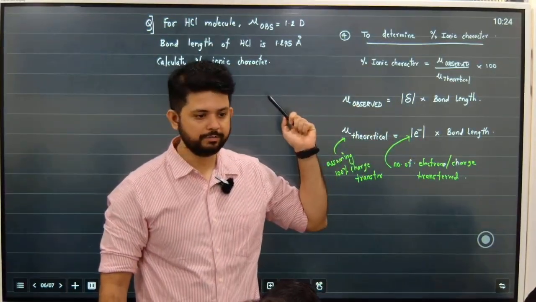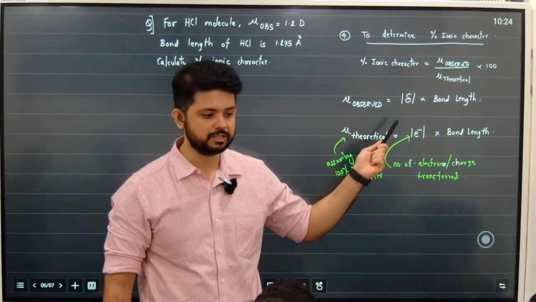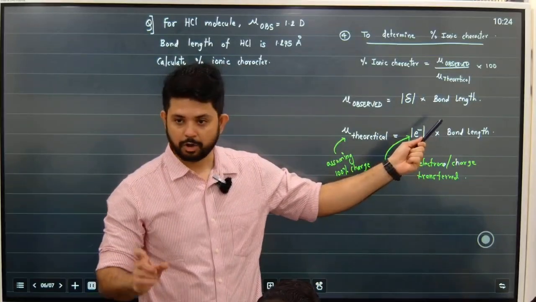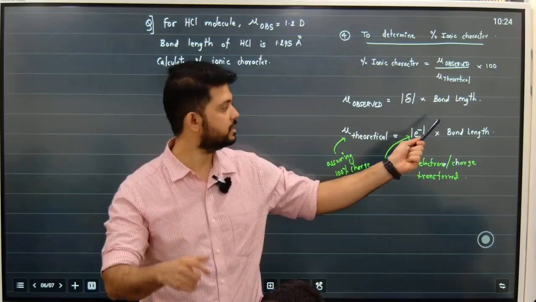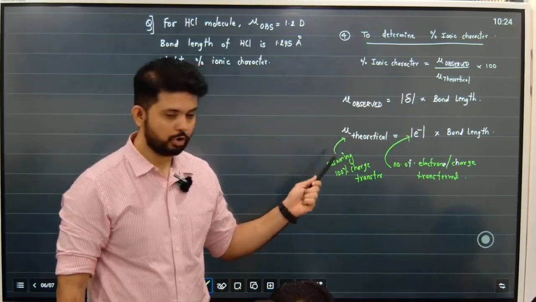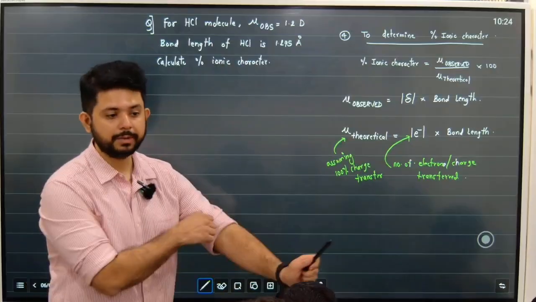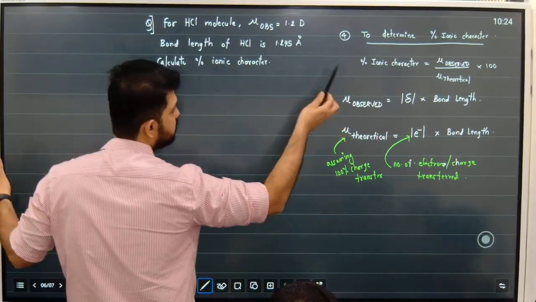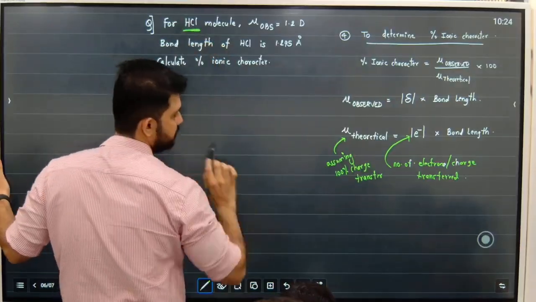We already wrote the formula for dipole. It is the magnitude of charge developed into the distance between the particles. Now over here, the distance between the charge is nothing but the bond length. And what does theoretical mean? Let us say if I want to find the percentage ionic character in HCl molecule.